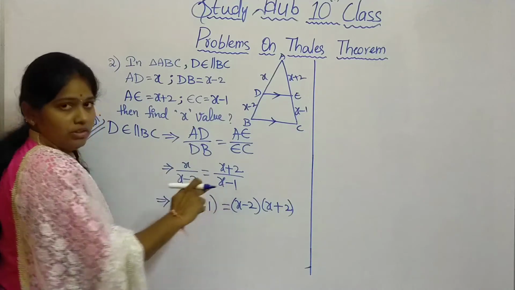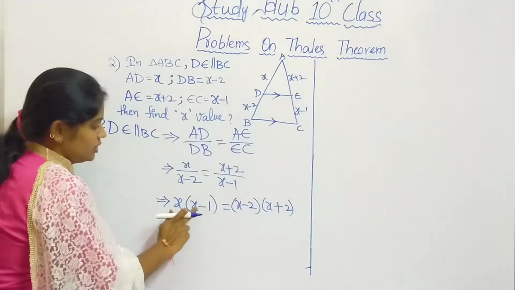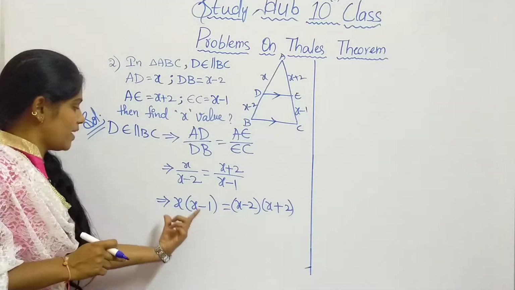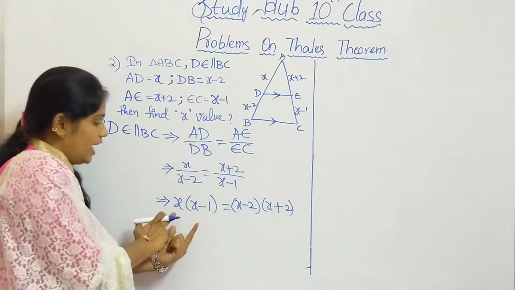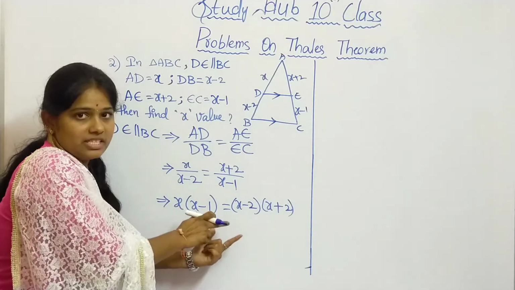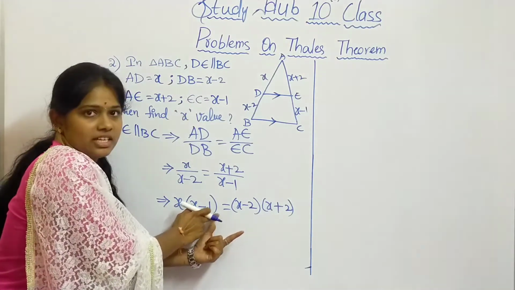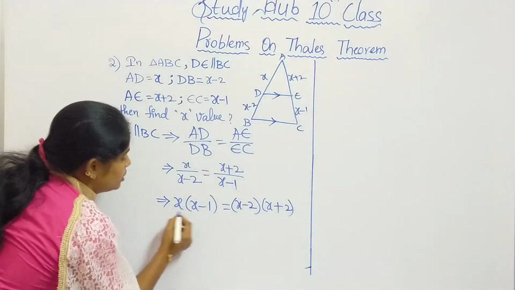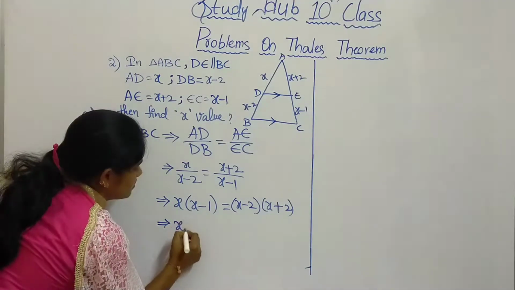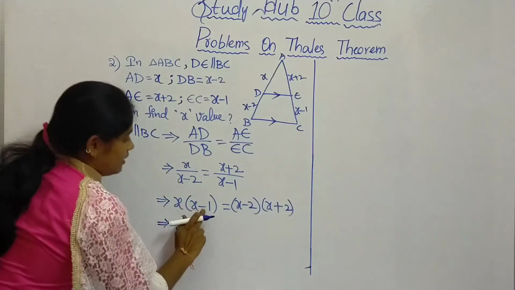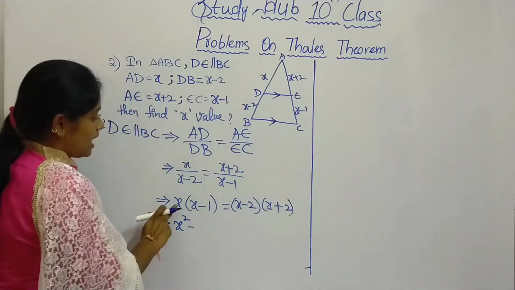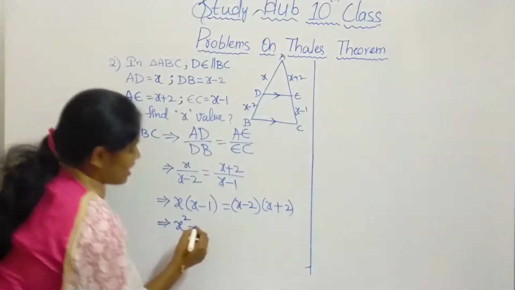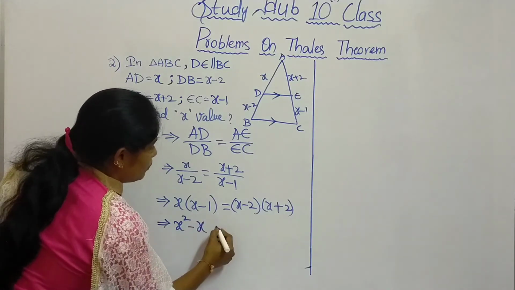See here, x into x minus 1: we need to apply the distributive property, A into B minus C is equal to AB minus AC. So x into x is x square, minus x into 1, which is x.